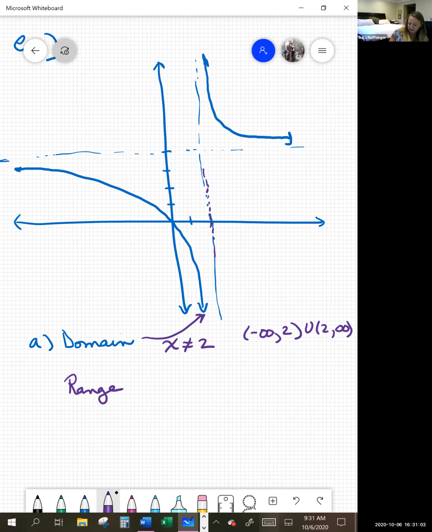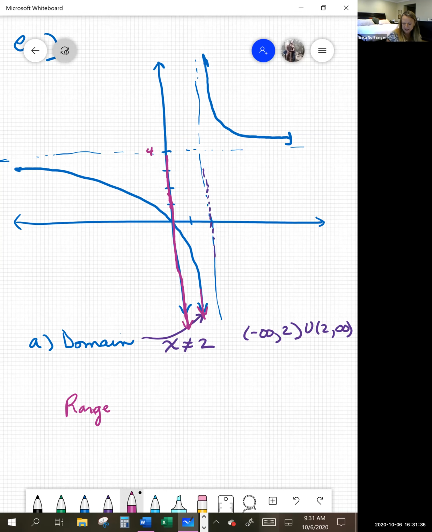And then the range, right? That's all the y values you hit. So notice this graph, because this is shooting downwards, I'm hitting always the negative infinity, coming up, coming up, coming up, all these y values. But I have this y value at 4, where my graph is getting closer and closer to, it's hugging it.